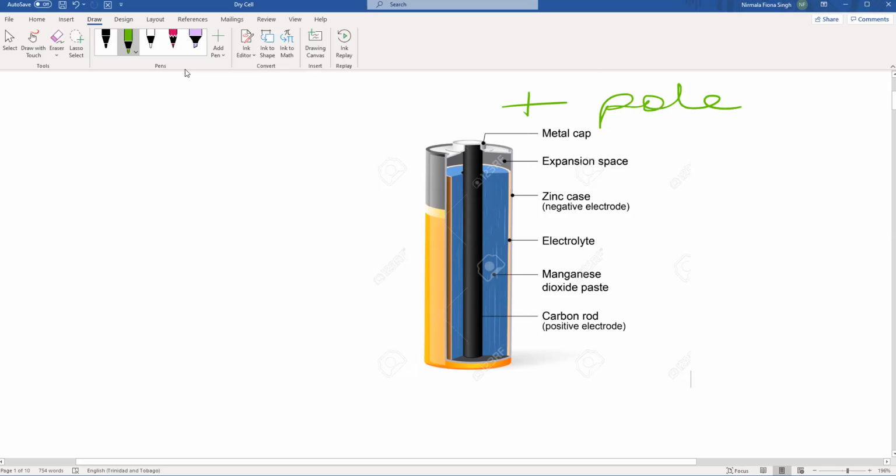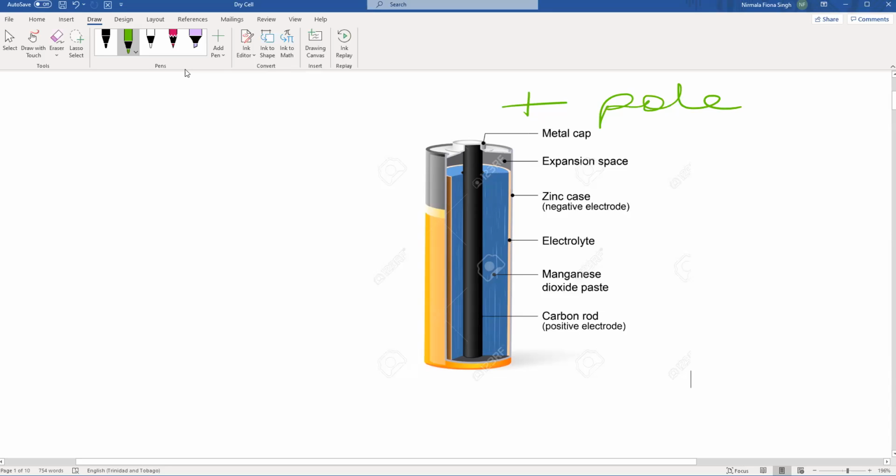And around that center core is a paste made of manganese dioxide. The manganese dioxide is going to have a reaction with the zinc case and a reaction with the carbon rod, and that little reaction creates electricity.